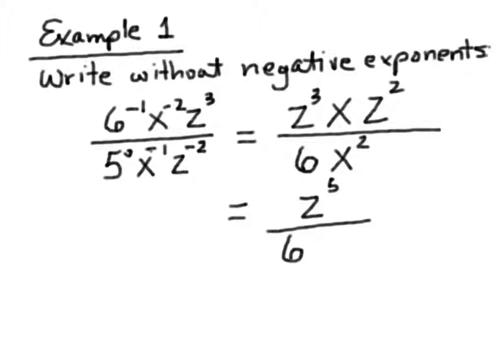So this x here is understood to have a 1. So we're going to subtract it and take it to the bigger exponent. So x squared divided by x to the 1st. So 2 minus 1 is just 1. And this is what we mean by write without negative exponents.